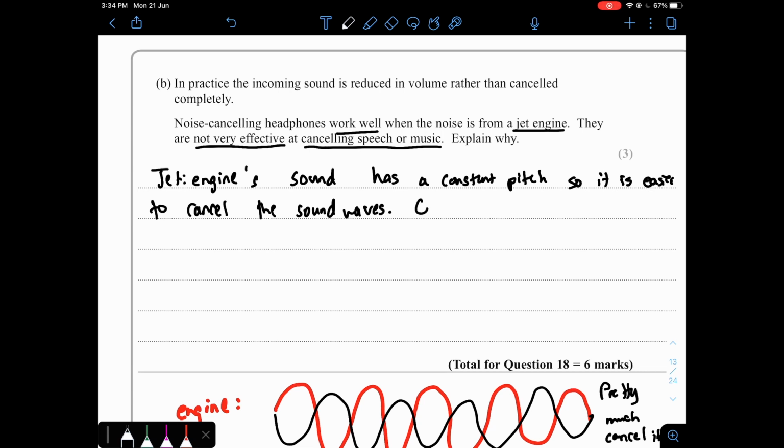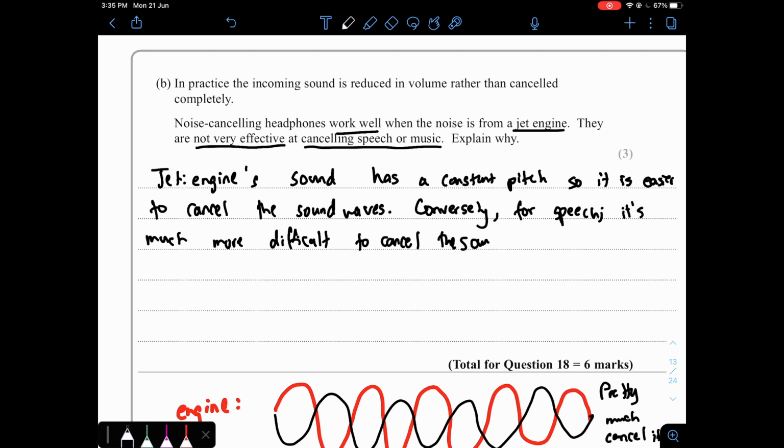And conversely, for speech, it's much more difficult to cancel the sound waves.